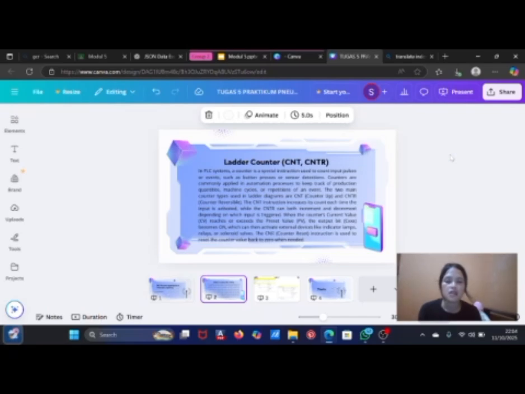The CTR or counter reset instruction is used to reset the counter value back to 0 when needed.